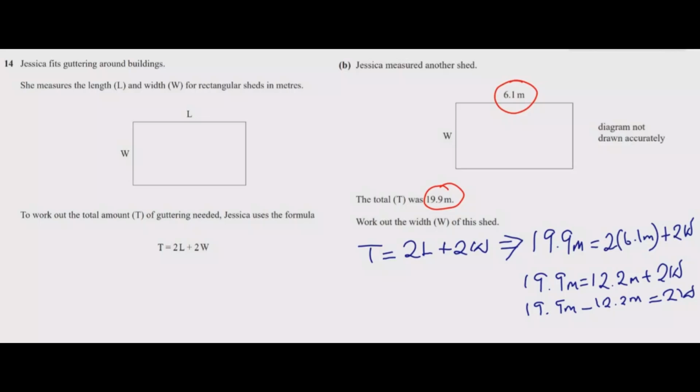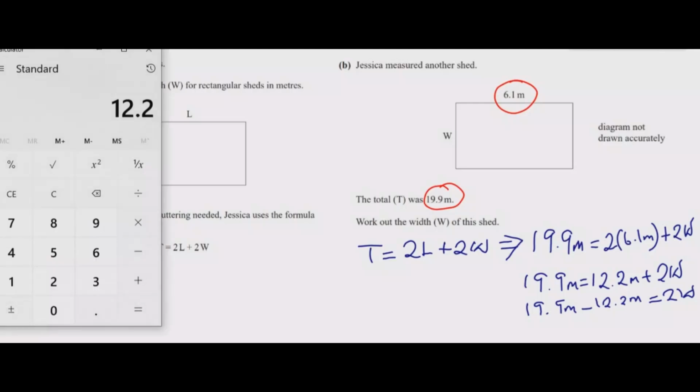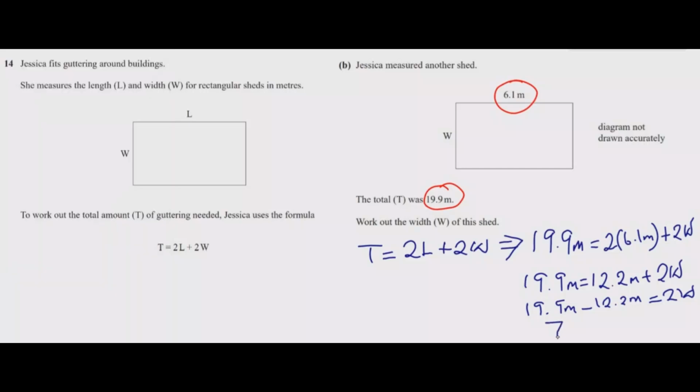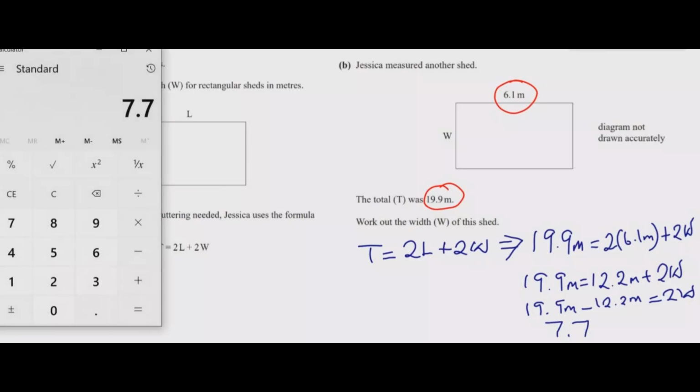Then we're going to go back to our calculator and calculate. 19.9 minus 12.2 equals, it's going to give us 7.7, if I'm not mistaken, that's the answer I've gotten.